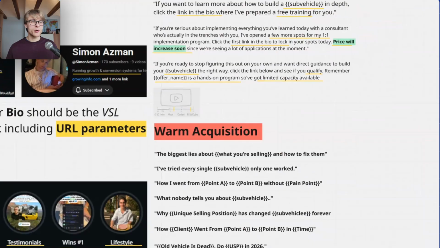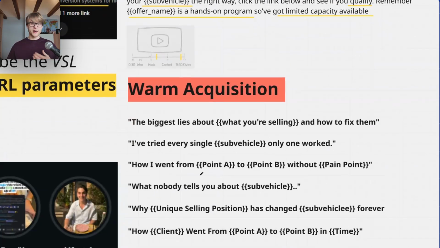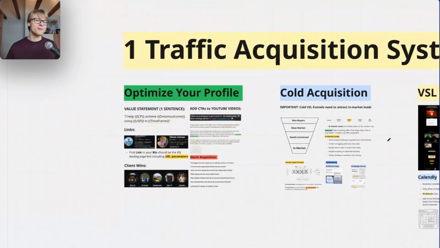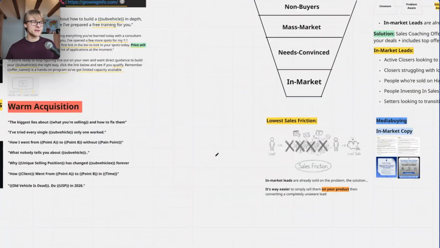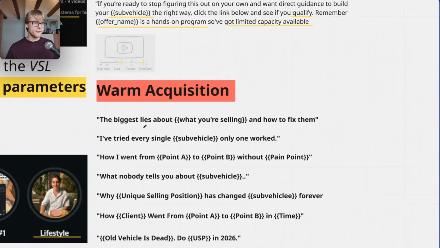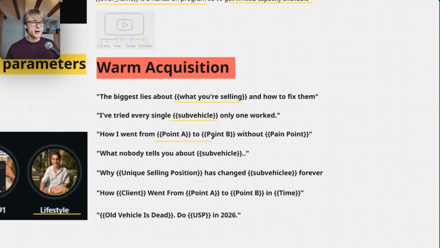Okay, so be aware. For example, some more in-market headlines, and we're going to talk about in-market and the funnel awareness levels in just a second, could be: the biggest lies about the thing that you're selling. I've tried every single business model, only one worked. How I went from point A to point B without pain point. What nobody tells you about AI agencies.